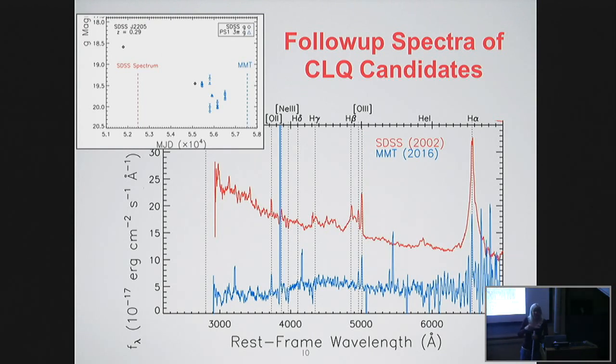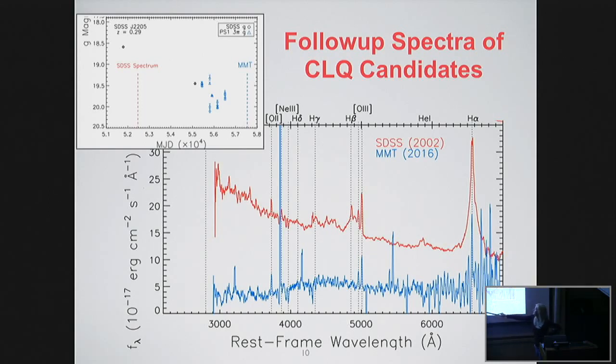They didn't have a BOSS spectrum, but they did show a very large change in the photometry going from Sloan to Pan-STARRS. So we followed it up with Magellan, or in this case, MMT. And here's a pretty dramatic example. It's a pretty bright quasar, around 20th magnitude now. The early Sloan spectrum shows clear H beta and H alpha here.